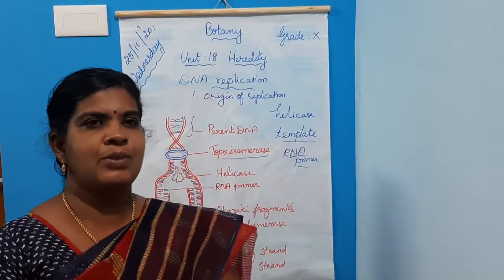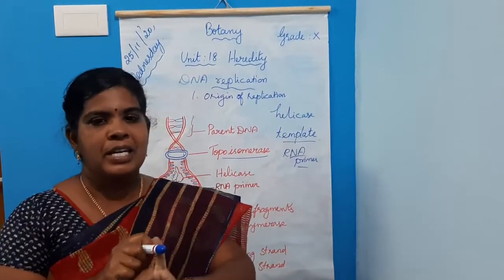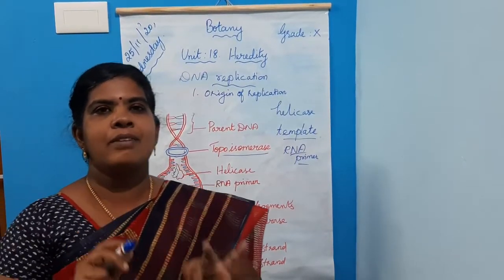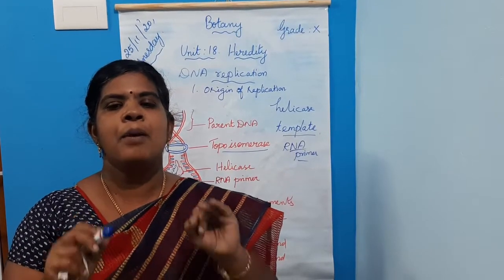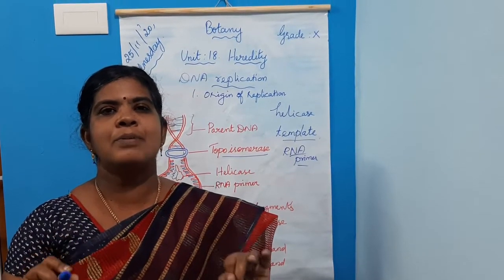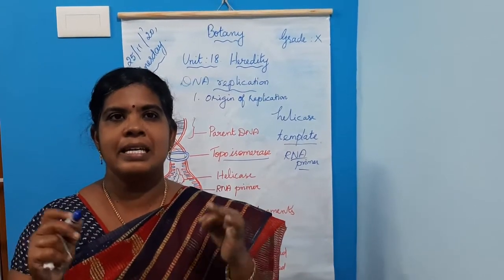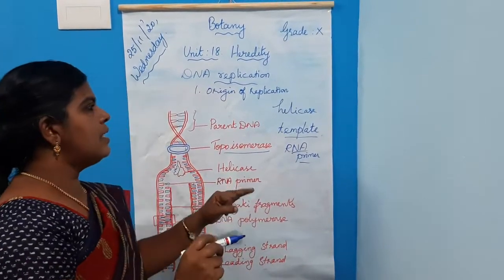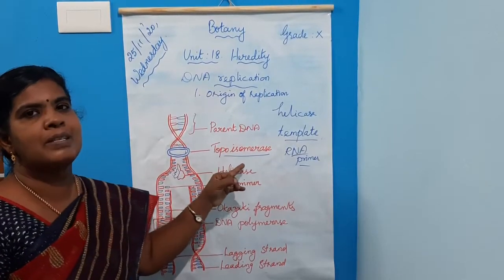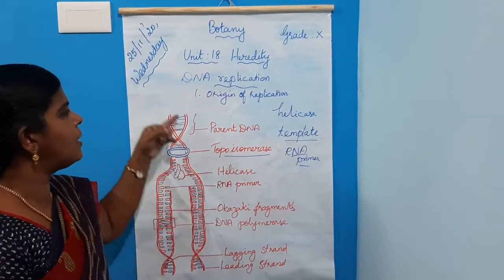Let's revise. What is the first step? Origin of replication. The second is unwinding of the DNA molecule. Which enzyme is responsible for the separation of the two strands? The enzyme helicase. Which enzyme separates the two strands above the replication fork?